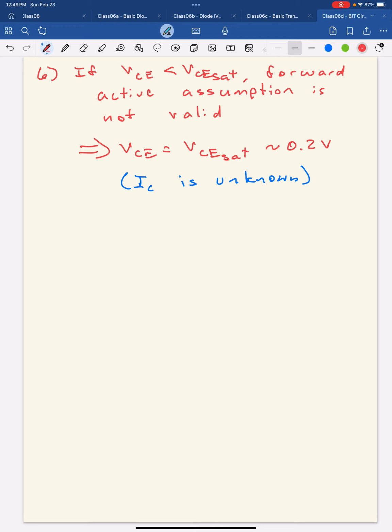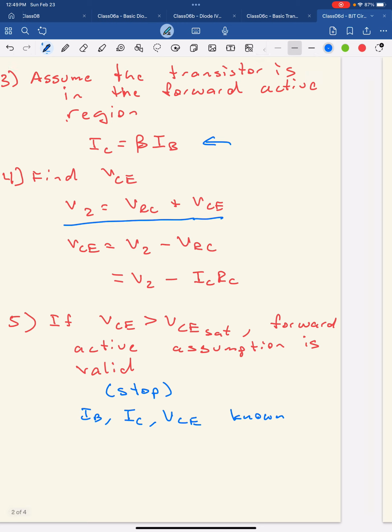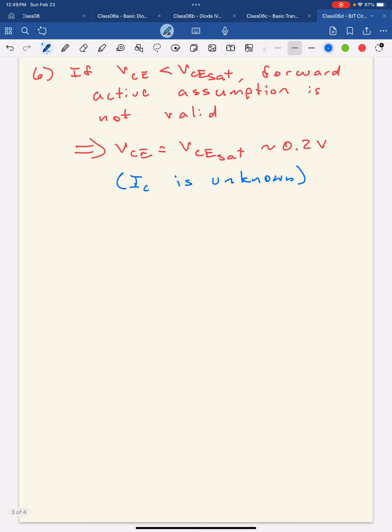So the next step, if we want to find IC, is to go look at our KVL equation. And here's that same KVL equation. Nothing's changed. So it doesn't matter. KVL is independent of what region of operation it's in. We can now still say V2 is VRC plus VCE. But we know VCE is VCE sat.